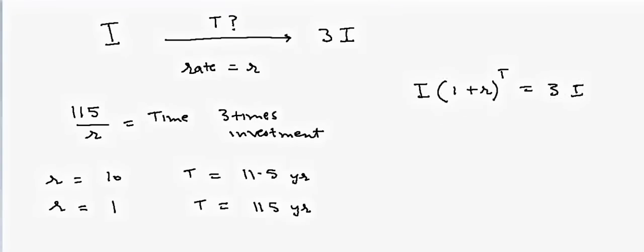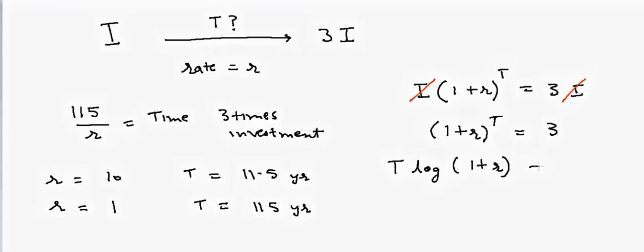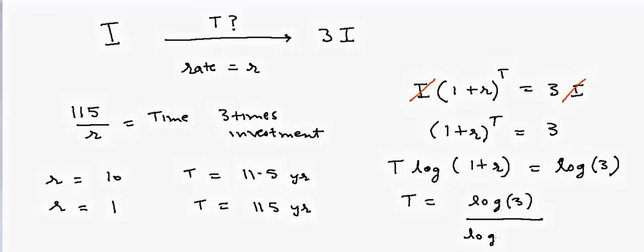In that case your I will cancel out, and we're left with 1 plus R raised to power t is equal to 3. If we solve this equation, we can take log on both sides. So t log(1 plus R) is equal to log of 3. So t is equal to log of 3 divided by log of 1 plus R.